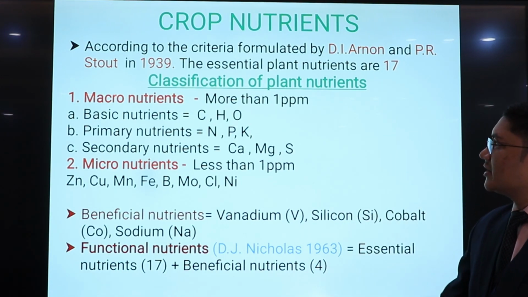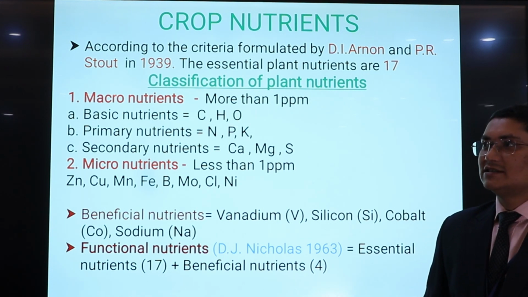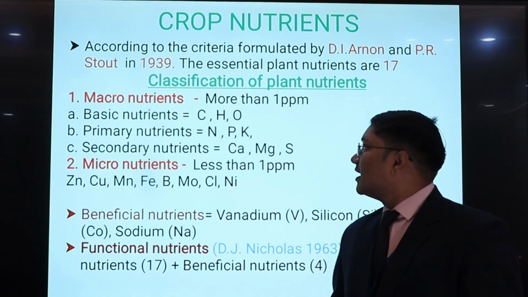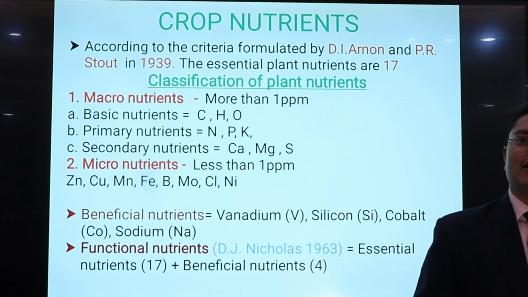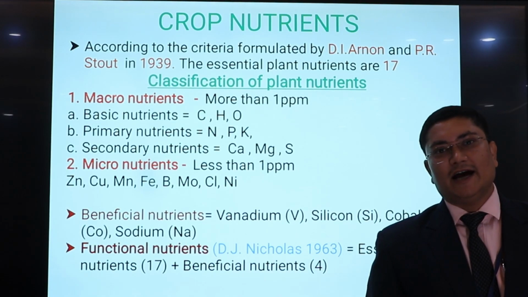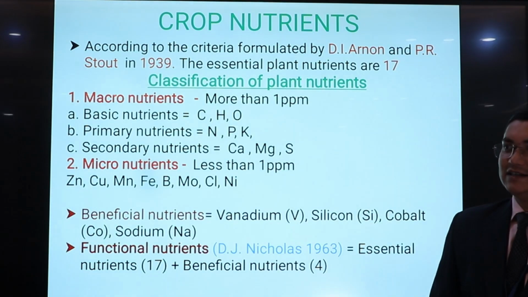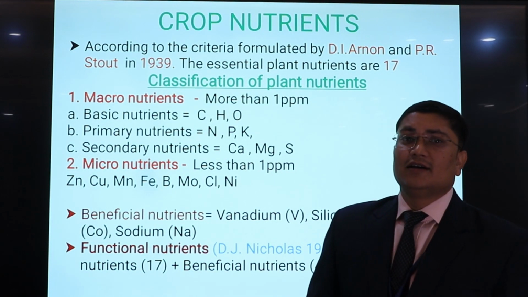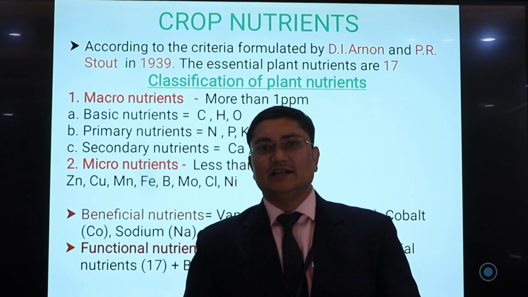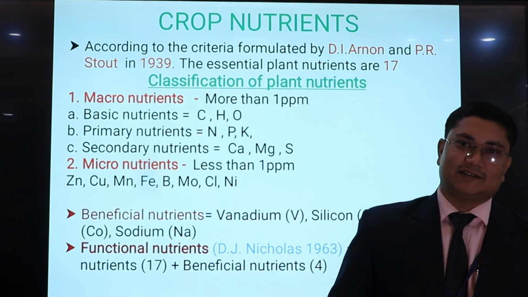Then the second one, primary nutrients. We have discussed the basic nutrients: carbon, hydrogen and oxygen. These are generally present in nature, and plants take them from nature naturally and very simply. Then come the primary nutrients, and the three major ones are nitrogen, phosphorus and potash.